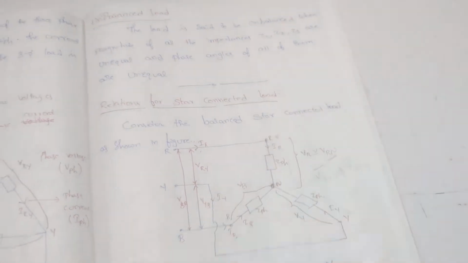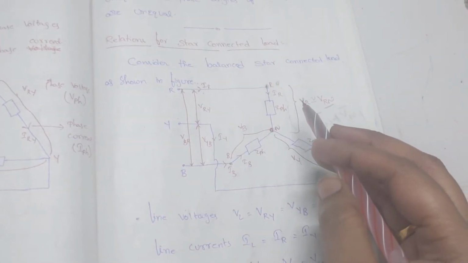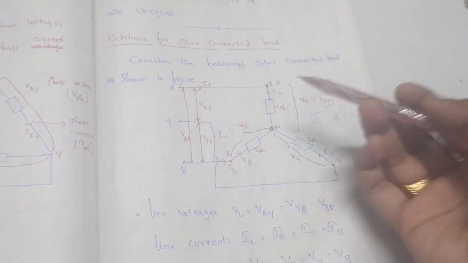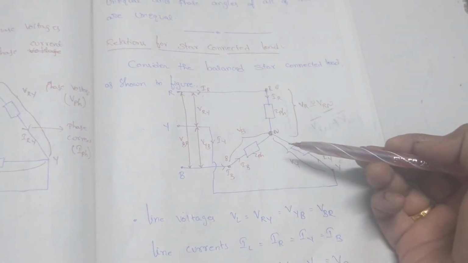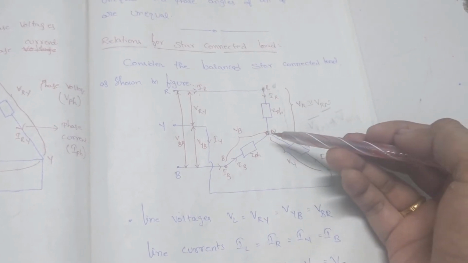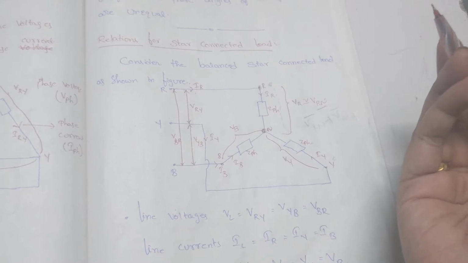You may call this VR or VRN. The potential between two points needs to be mentioned as VRN or VR. Both are correct, because the neutral is considered ground, 0 volts. So for the time being you may mention it or not, there is no issue.